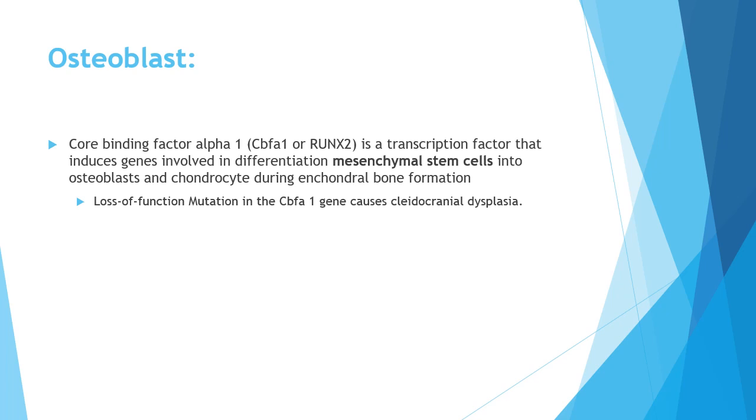If there is a loss of function mutation in the CBFA1, the condition that will result is cleidocranial dysplasia, in which there is deficient differentiation of the bone, and as we're going to speak later, there will be an absent clavicle in this case.